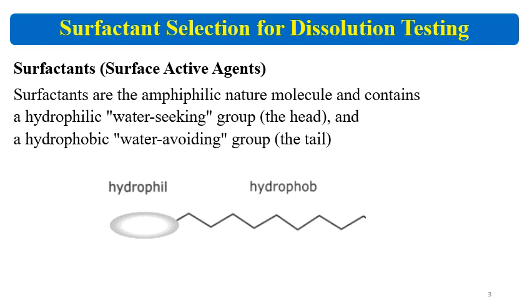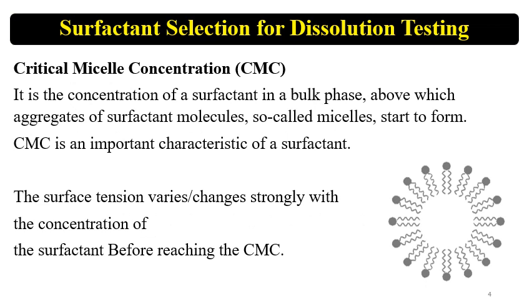They contain a hydrophilic, that is water seeking, group, which is the head, and a hydrophobic or water avoiding tail. Now we will see how the molecules orient and what the CMC, that is critical micelle concentration, is, and how this critical micelle concentration impacts the use of surfactant in dissolution testing.